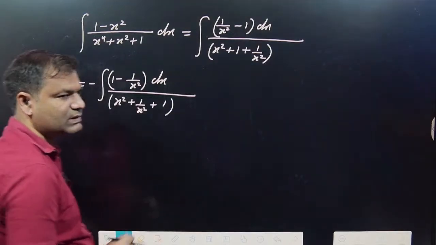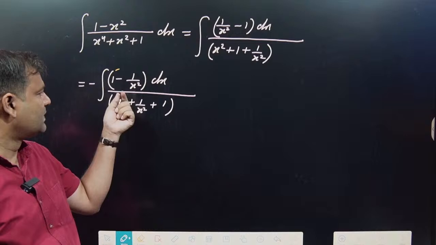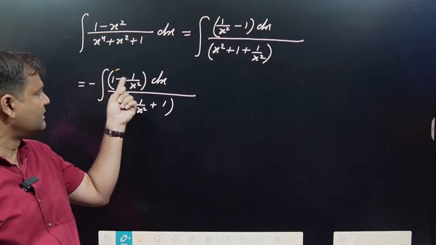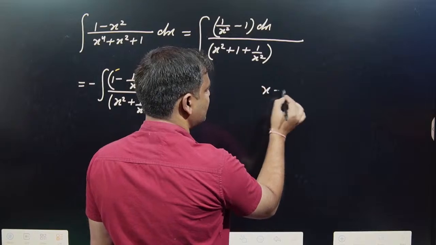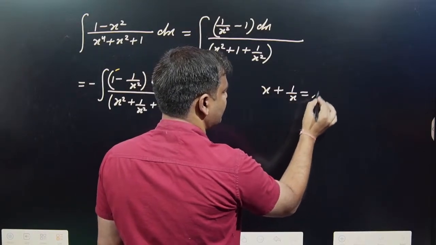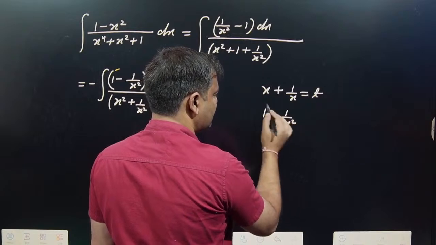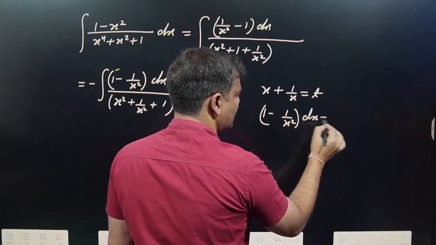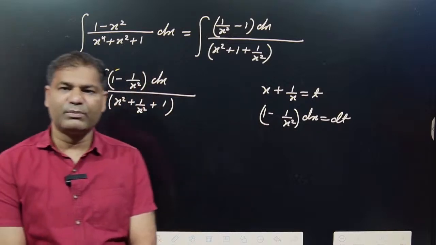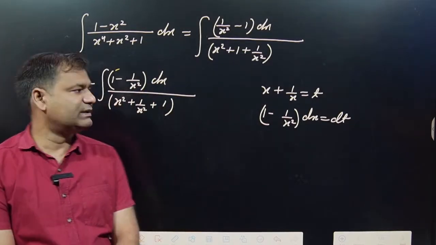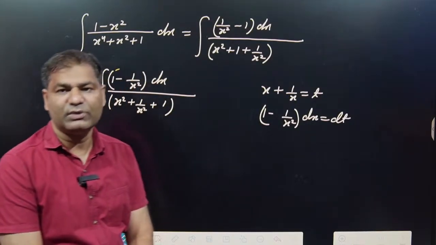Okay, how can we solve? Look here, if x + 1/x is taken as t, the differentiation of this, (1 − 1/x²) dx, is equal to dt. So (1 − 1/x²) dx is replaced by dt, and x + 1/x is equal to t.